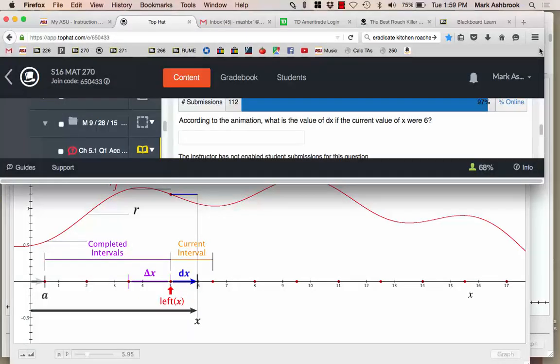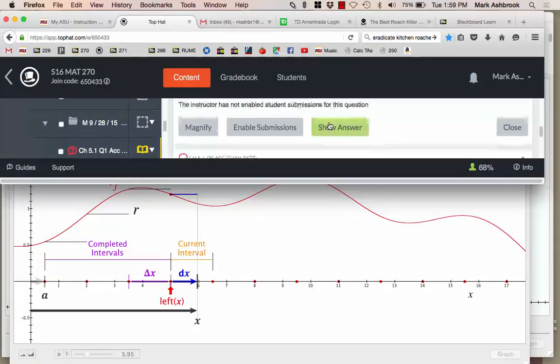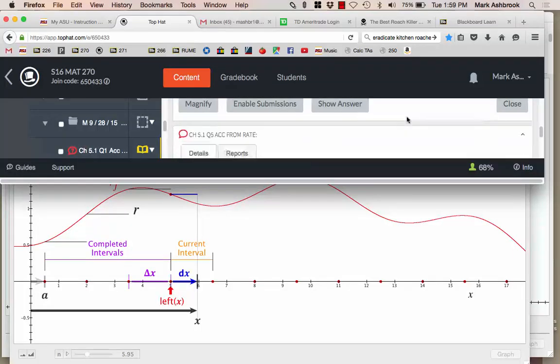We've paused live here in this animation, and it's asking for the value of dx. What is it? It's 1, because it's from left x to the current value of x, which is 1.